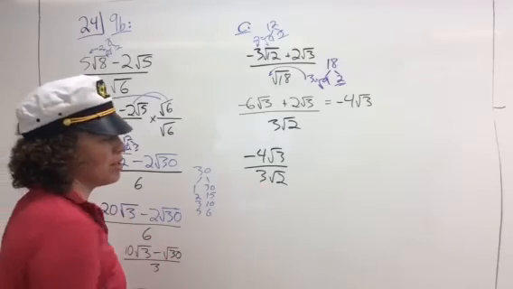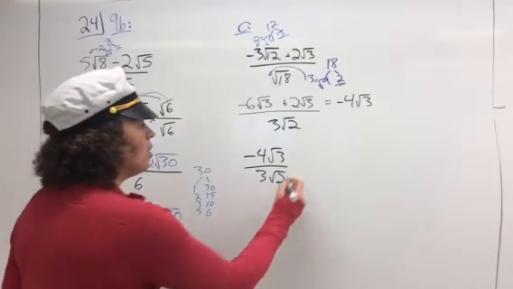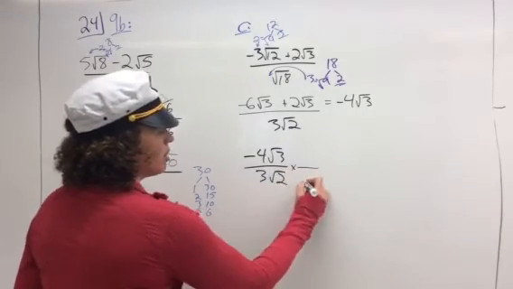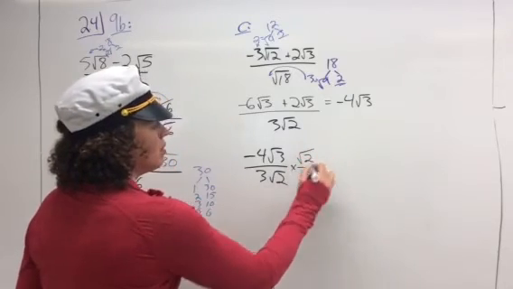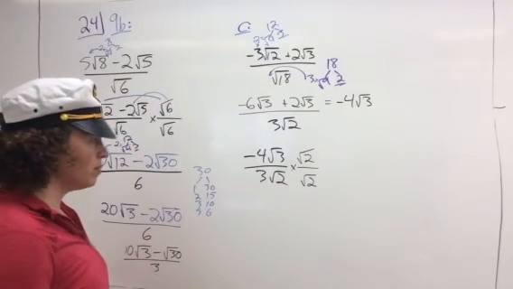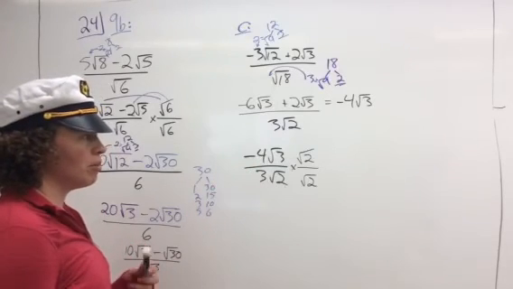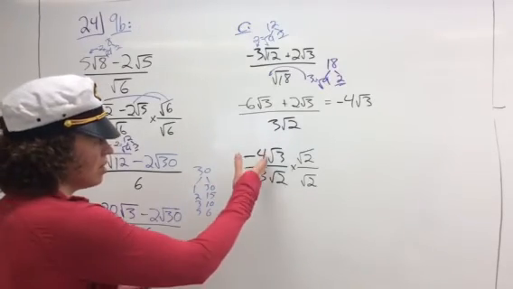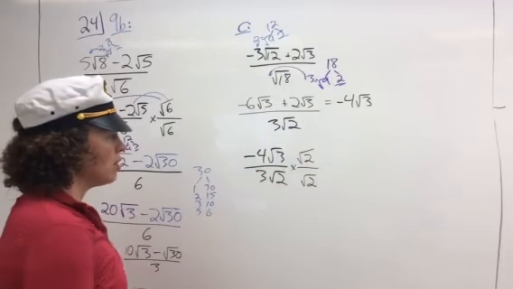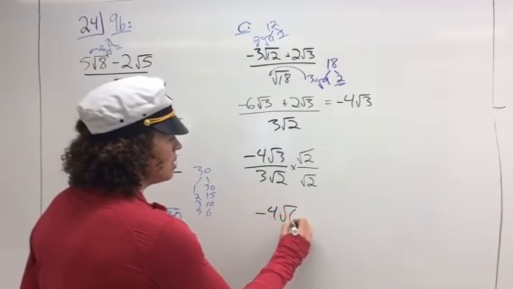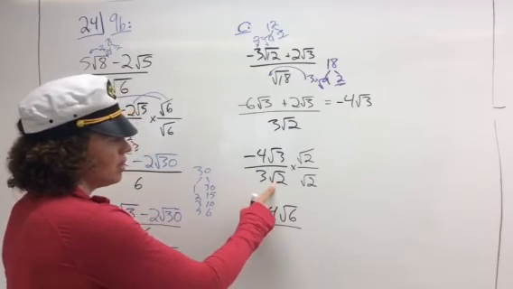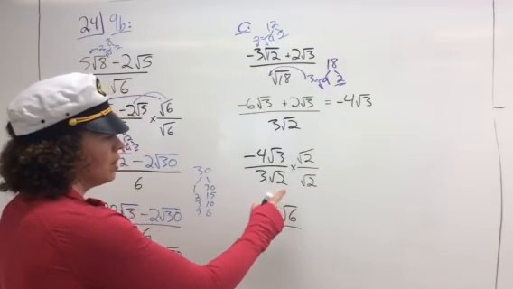Now I don't care about this 3. It's a whole number. I don't have to use it. But what I do have to do is multiply by the root 2. So I'm going to go times root 2 over root 2. And because I've already simplified this one, I don't even have to worry about multiplying it by more than one thing. It's just this term times this term. So I'm going to have negative 4 root 6 over 3 root 2 times root 2.